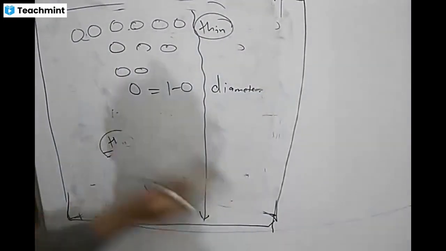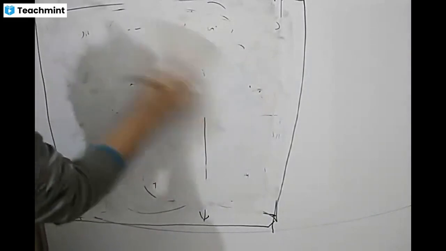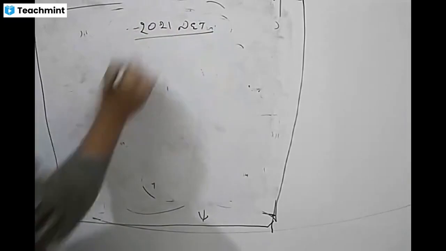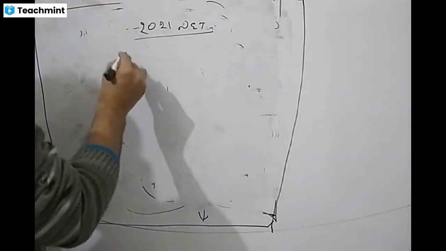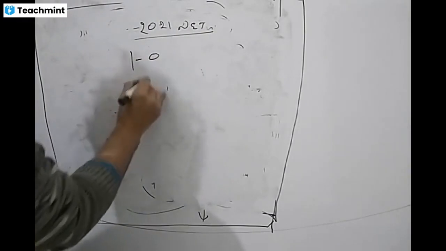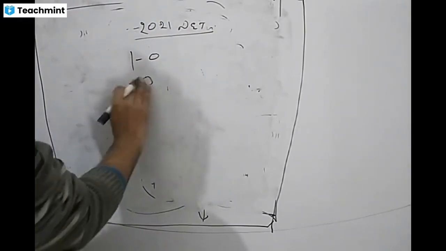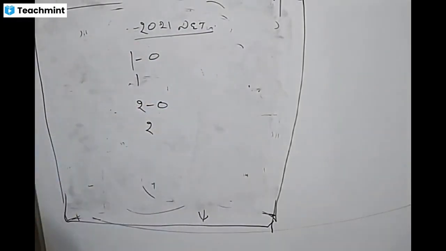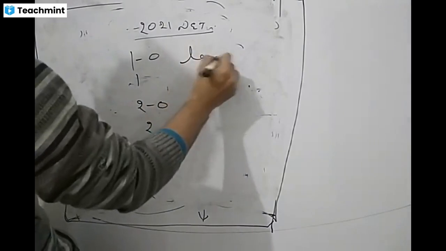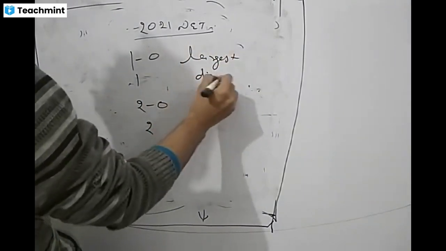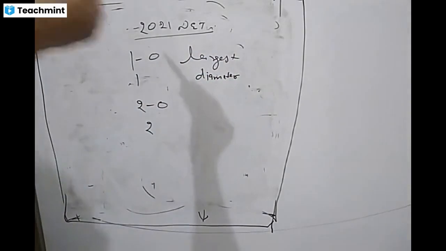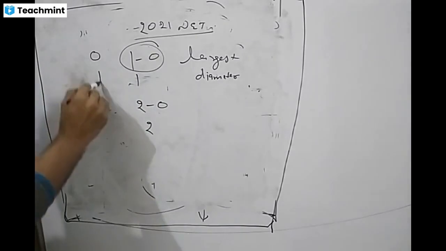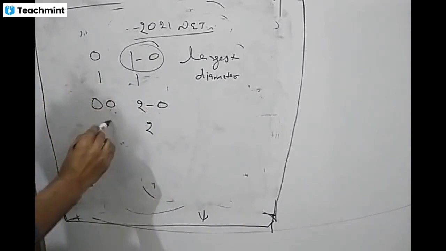From this concept of the size of the suture material, there was one MCQ in the 2021 NET exam. The question was: 1-0, 1, 2-0 and 2, which of the following suture materials has the largest diameter? As per the size, 1-0 means one zero, 1 means 1, 2-0 means two zeros, and 2 is 2.